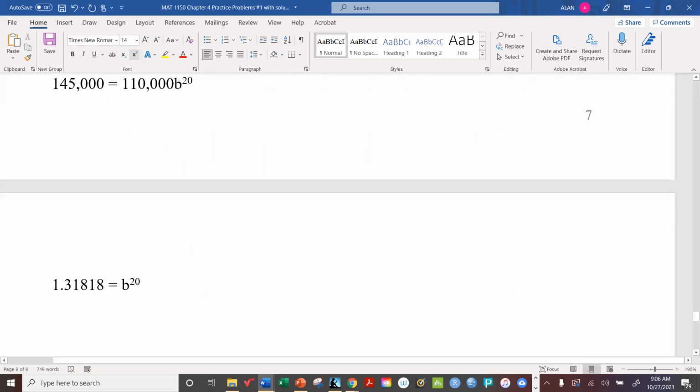So you might think, what are we going to do now? Well, here's what we have to do. We're going to raise both sides to the 1/20th power. So the exponent here is 1 over 20.